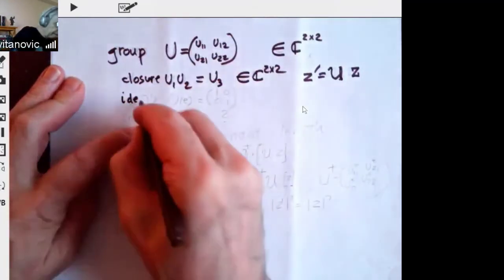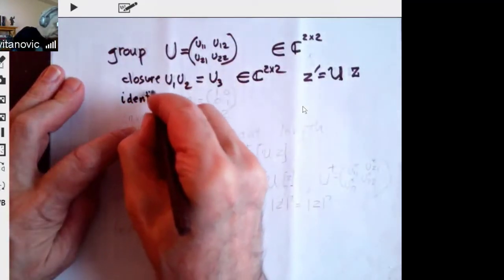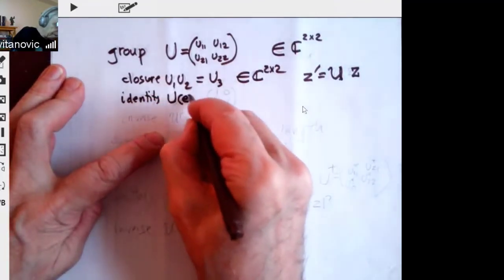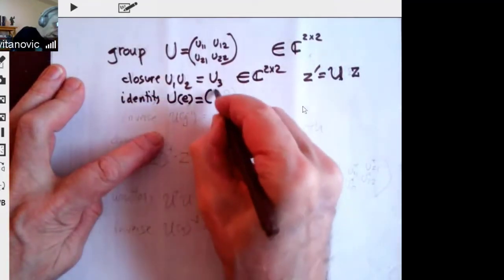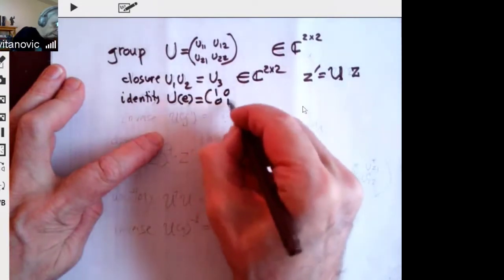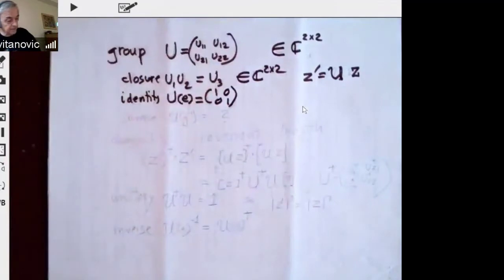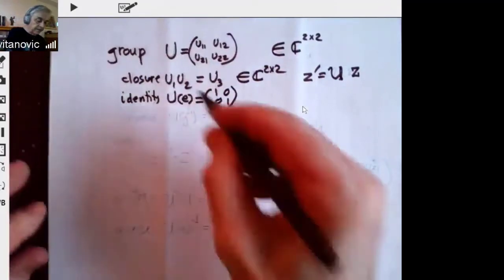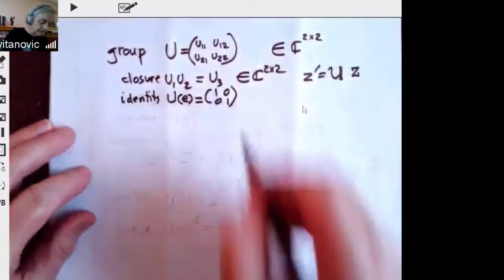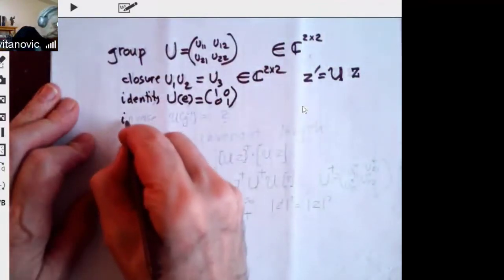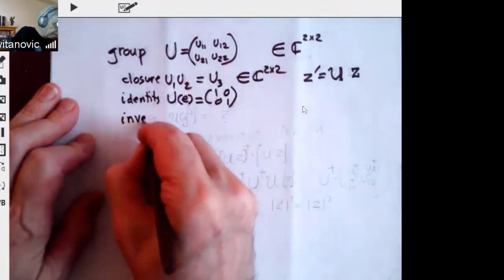It has identity. So there is a special element whose matrix representation is 1, 0, 0, 1. So that's a particular matrix in which 2 components are 0 and the 2 other ones are real and equal, size 1. But then to have a group, you need an inverse.